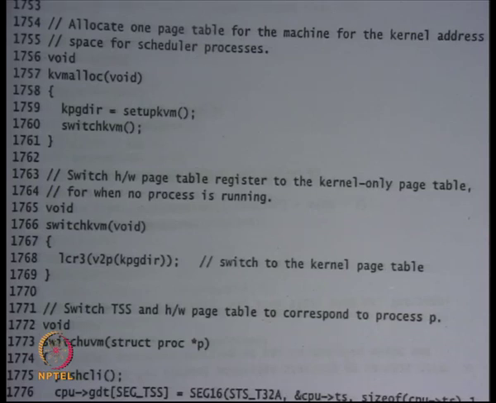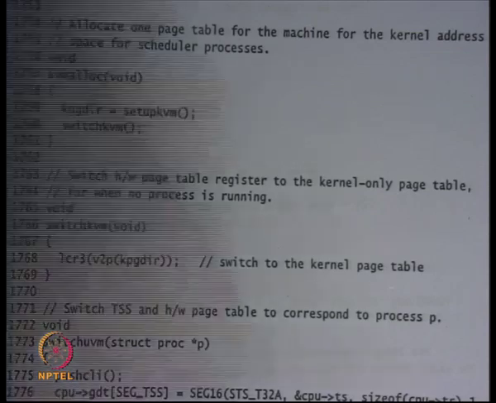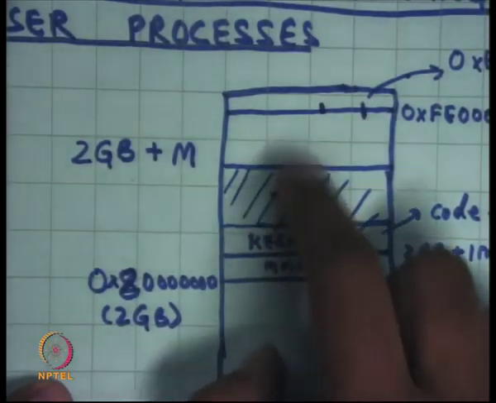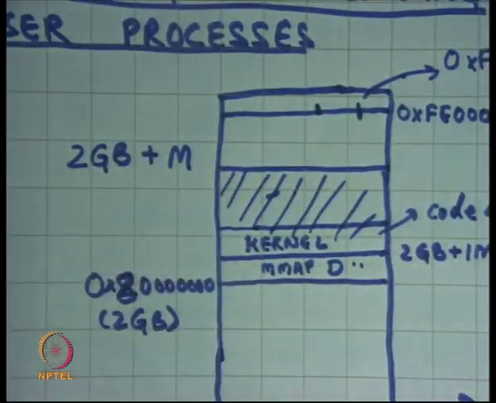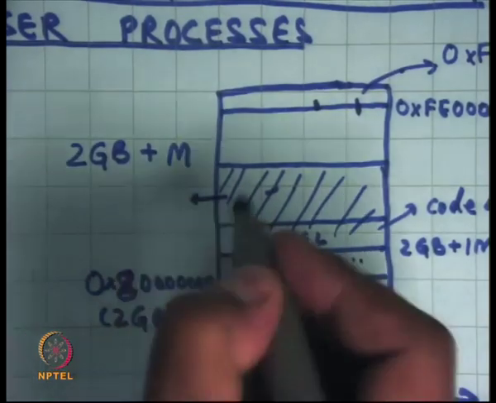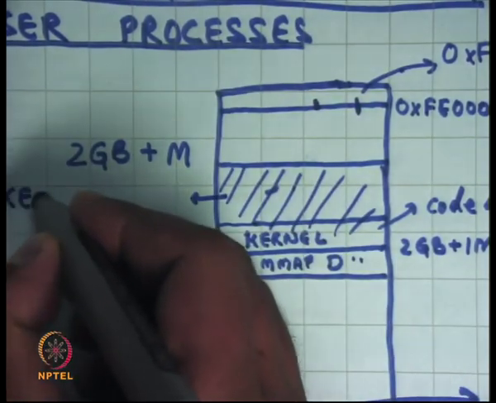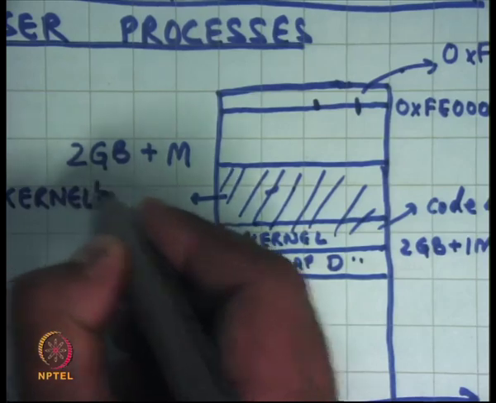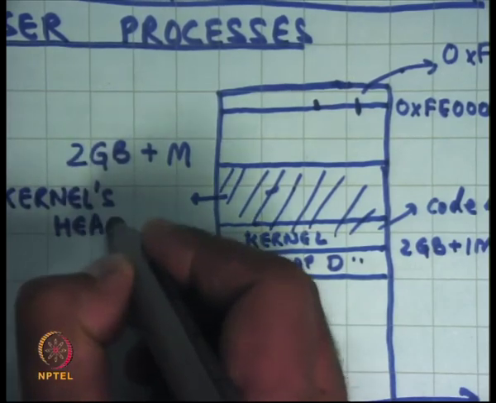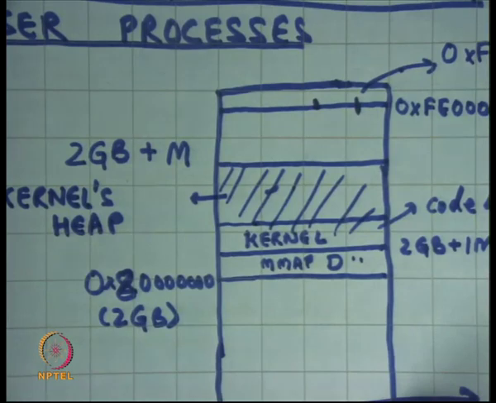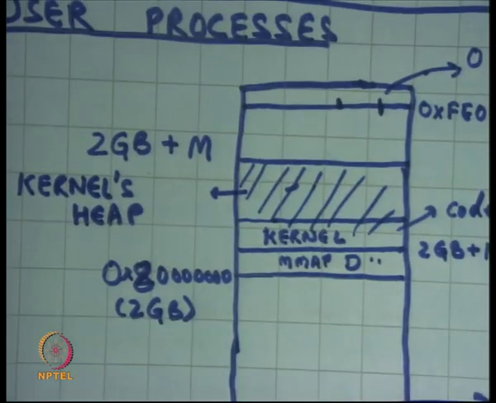From its heap, right, from all this area that we discussed, this extra area, this is the kernel's heap. So it's going to allocate a page directory from here, and it's going to initialize it, and it's going to return a pointer to the page directory, okay.